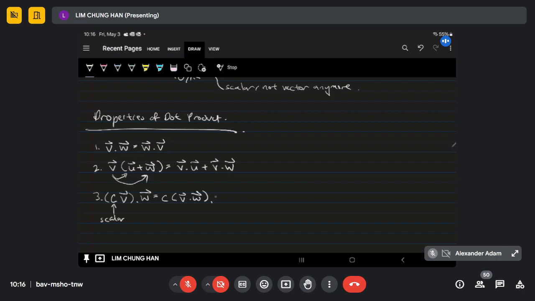You will also get the same answer as if you had reversed the process, where you multiply the scalar with w first and then dot product with v. It's the same answer.